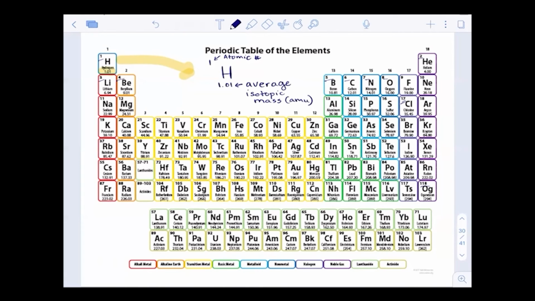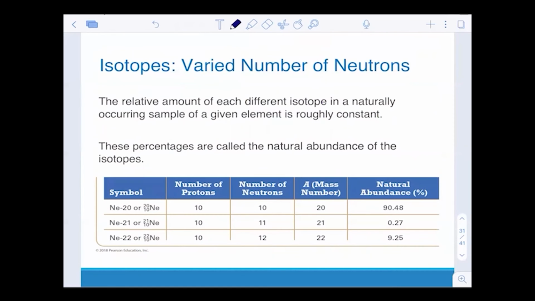To a point, what we want to think about is when we are looking at our atomic symbol notation, the mass number itself is the simplistic value of protons plus neutrons. An average isotopic mass introduces our new discussion of isotopes. Now, isotopes are varying numbers of neutrons.